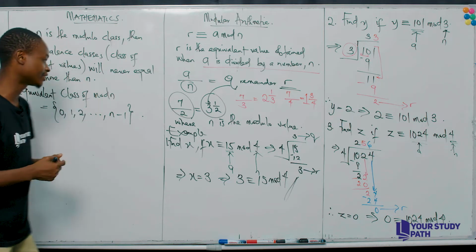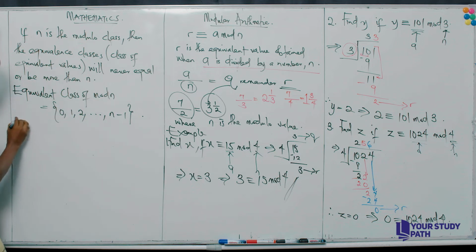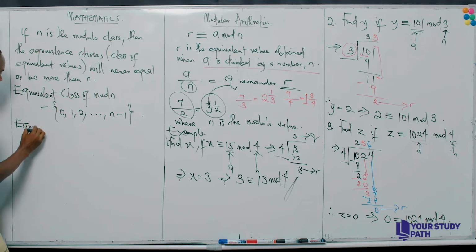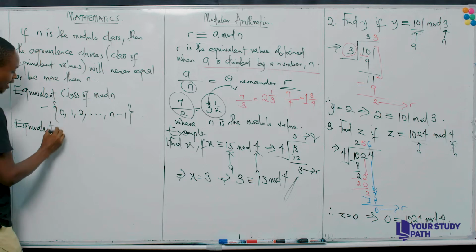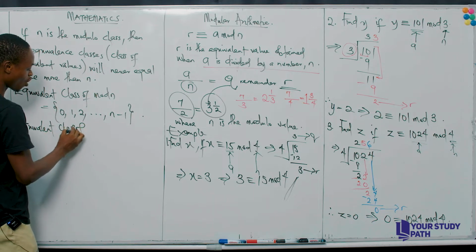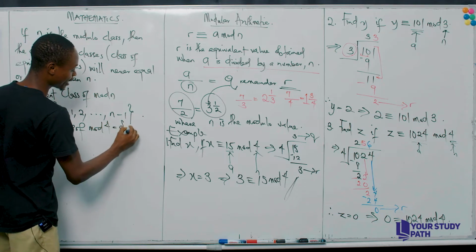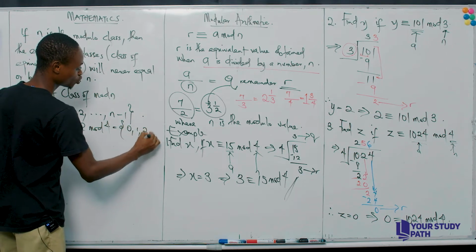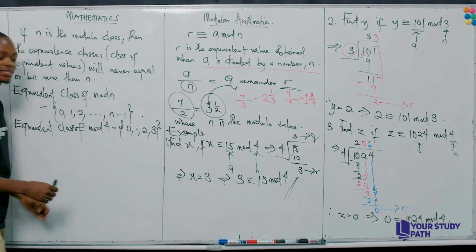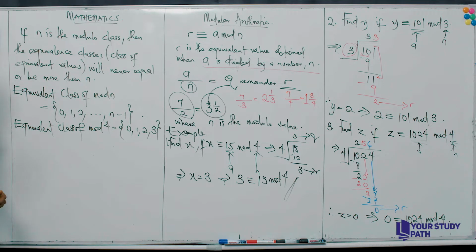Let's put it into writing. It means that, for instance, if you have a modulo class of 4, then the only values permitted are 0, 1, 2, and 3, which gives us two rules.